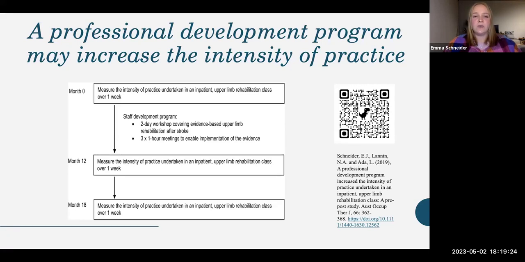So what we did is we used this professional development program with implementation meetings, and I'll explain the development program in more detail. But we also did an audit to measure the intensity of practice after the intervention, and then we did it again 6 months later to see if the results had stayed the same or if they changed after the intervention stopped.